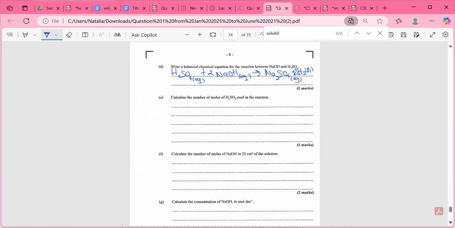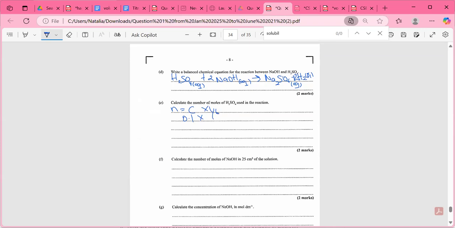The number of moles of H2SO4 is equal to concentration times volume in dm cubed, so 0.1 times 16.4 divided by 1000. That gives 1.64 times 10 to the negative 3, sorry.